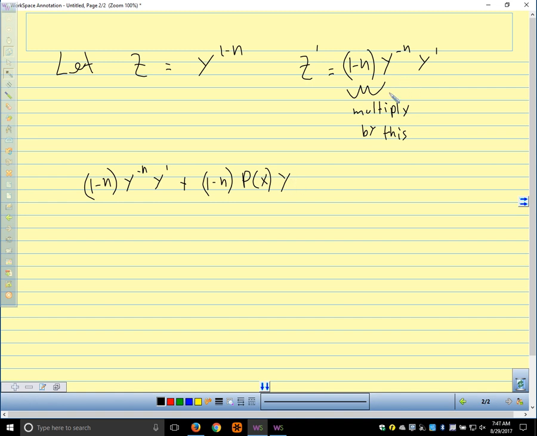When I multiply y times y to the minus n, I get y to the 1 minus n. That's a nice quantity. That's just z. Equals 1 minus n, q of x.